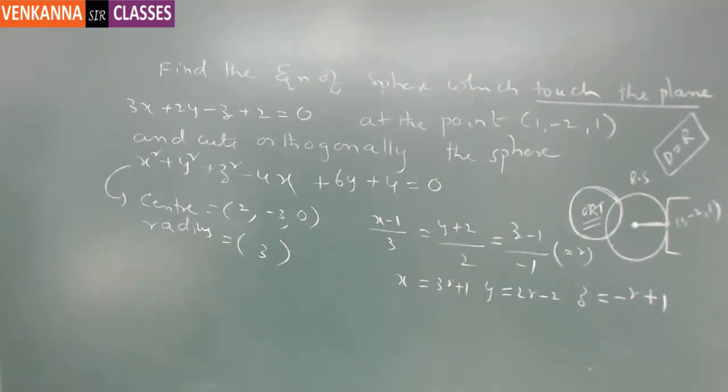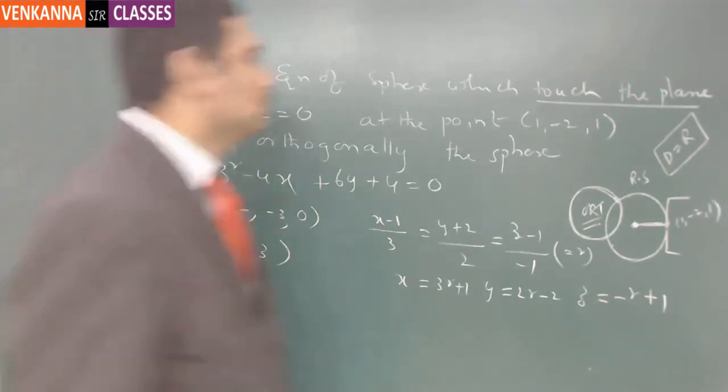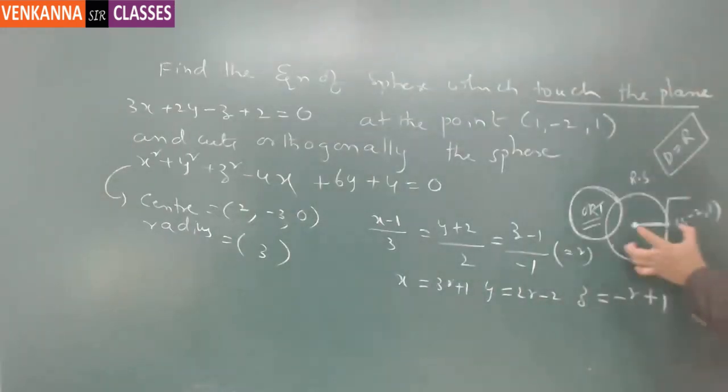Are you clear all? Right. Since it is touching, distance between the 2 points is nothing but radius. So if you calculate the distance between these 2 points, it is nothing but radius of the sphere. So this is 1 point and this is 1 point.